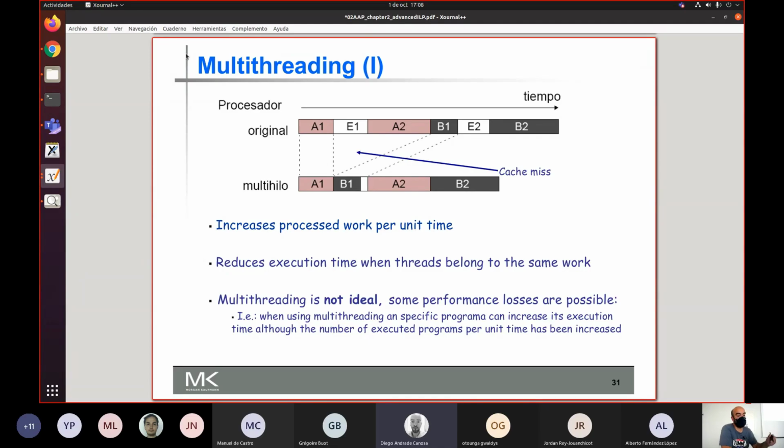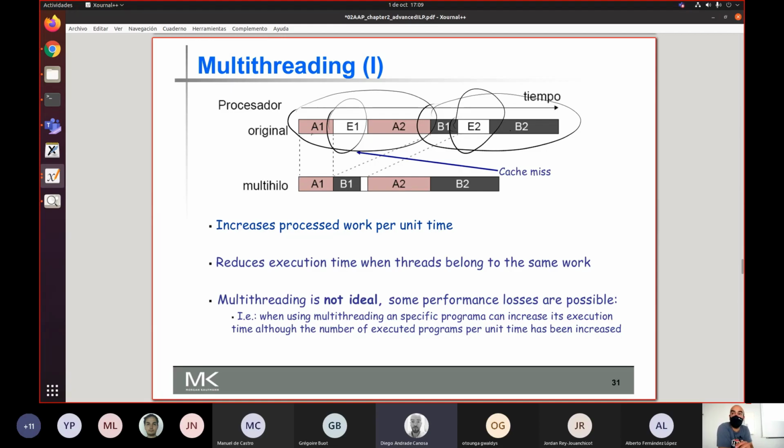Just to illustrate this and the potential benefits of it, I have two processes or two threads, A and B. As you can see, at some point in A and at some point in B, I'm going to have some stalls, for instance, because I'm loading information from memory.